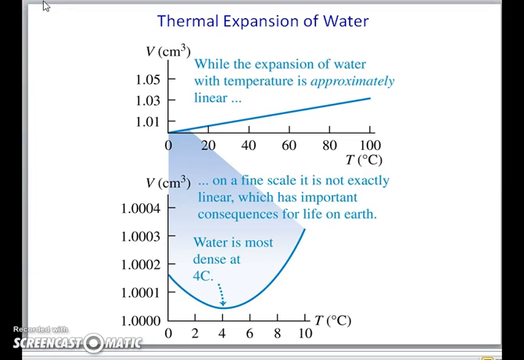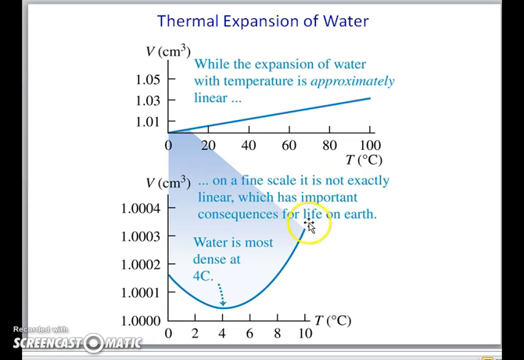As we know, most materials will increase in length or volume as the temperature increases. So if I look at water and the temperature is increasing, the volume of the water increases. So no problem there, right? However, if you look closely at very small temperatures between 0 and 10 degrees Celsius, we see something anomalous, something abnormal.